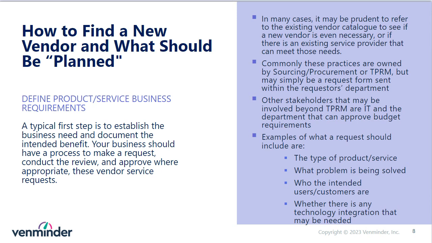You're going to likely have this request be sent to sourcing or procurement, departmental leads. The request might go to third-party risk management. They might be the recipients of the business case and requests. This is going to vary by organization, but it's important to understand where this should be sent.